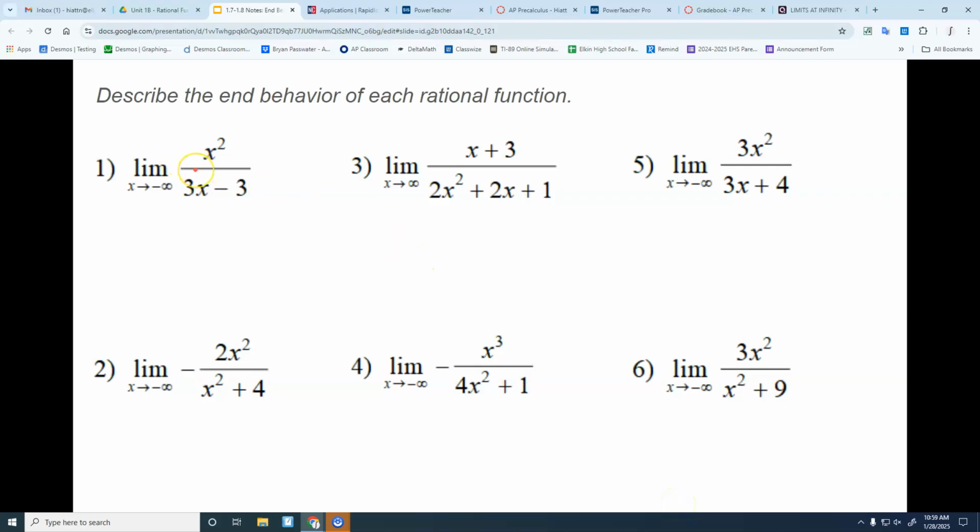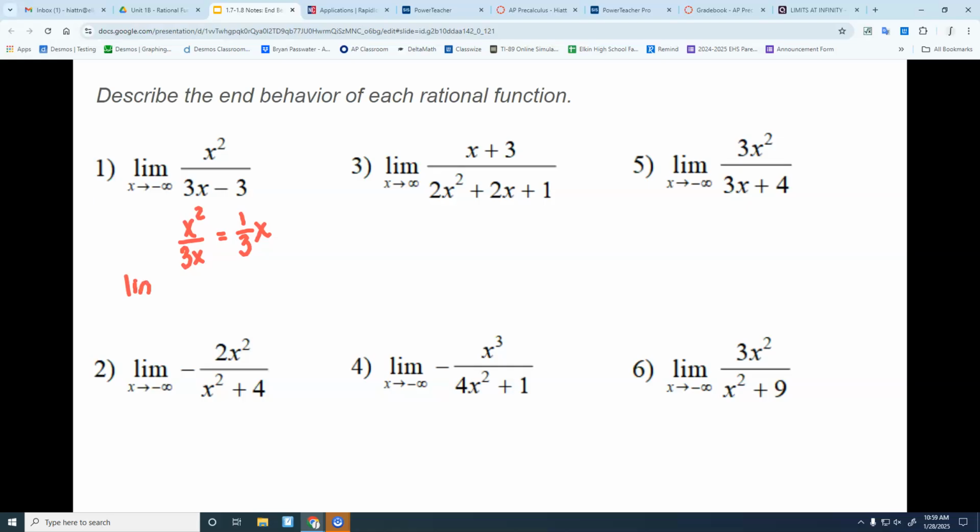So number 1, bigger on top, but I do have to think about x squared over 3x, which would reduce to 1/3 x.